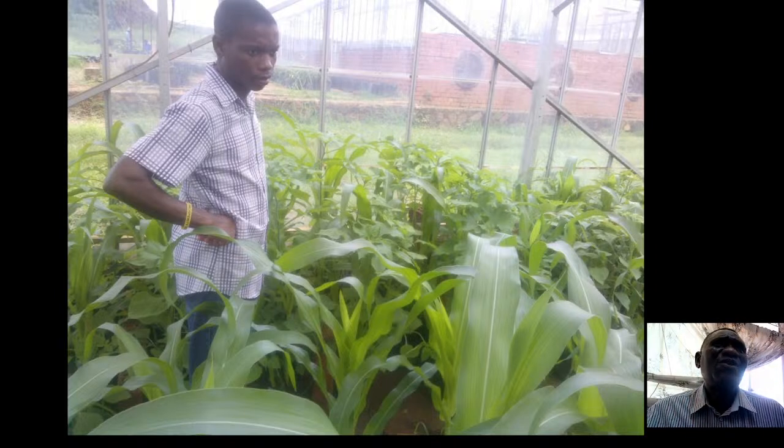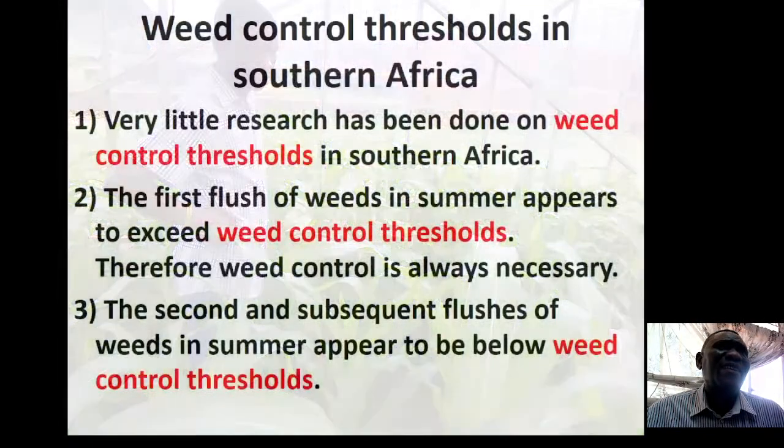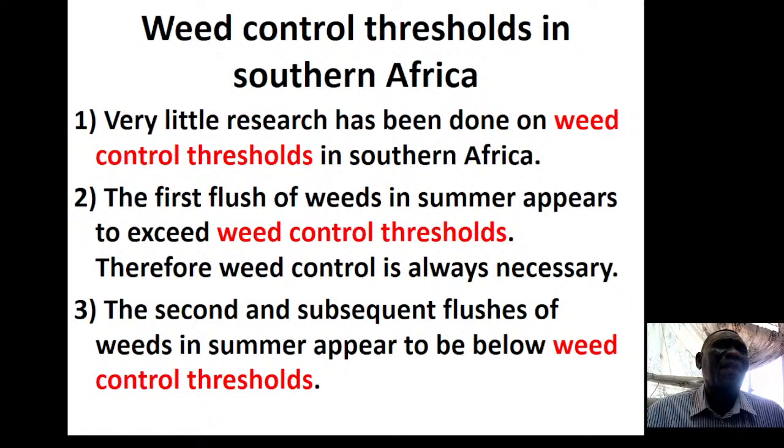Well, you can do this type of experiment, which I was explaining, in glasshouses. Now, weed control thresholds in Southern Africa: very little research has been done on them.